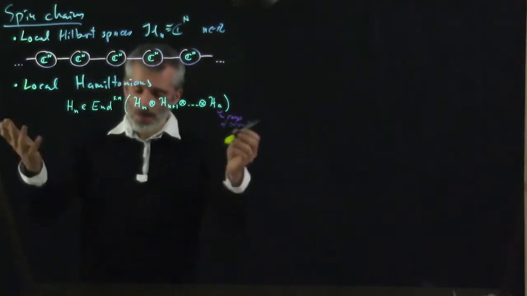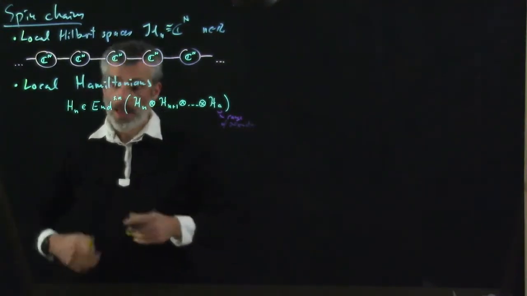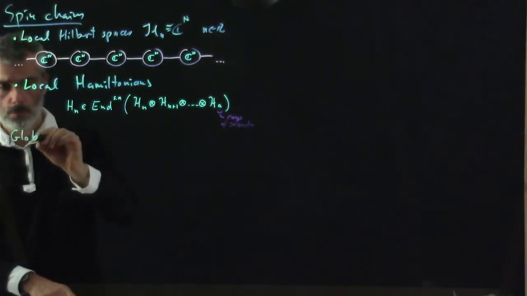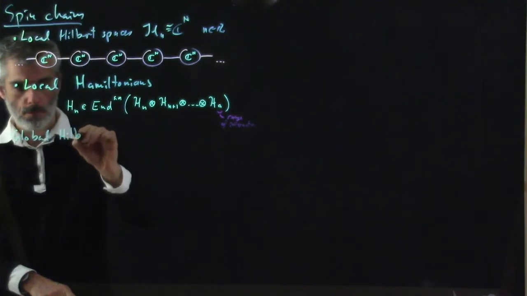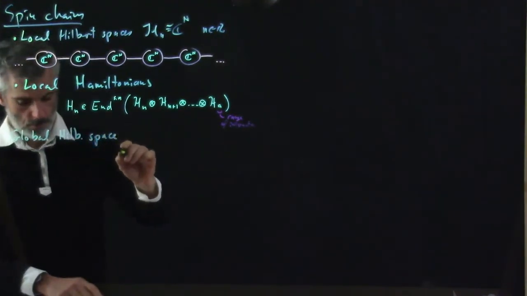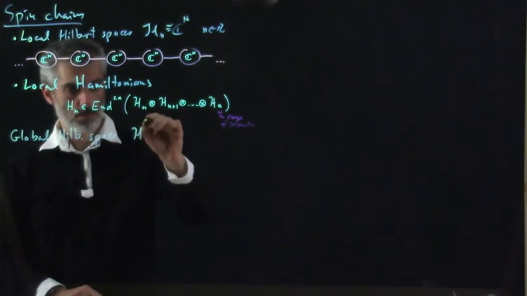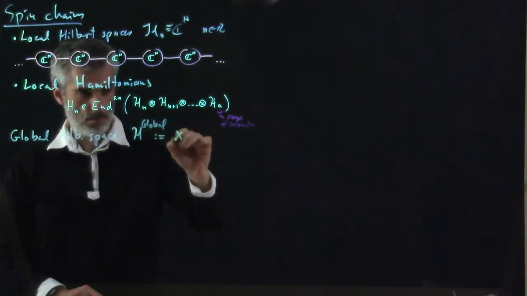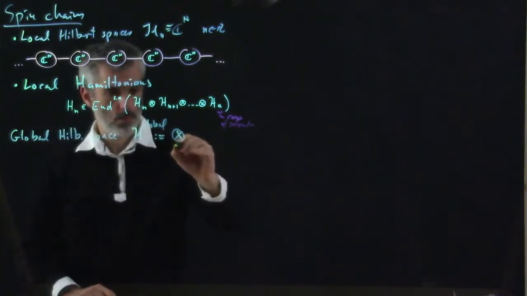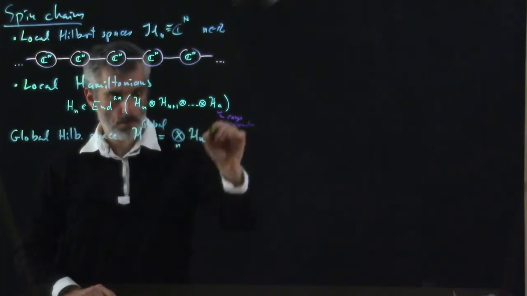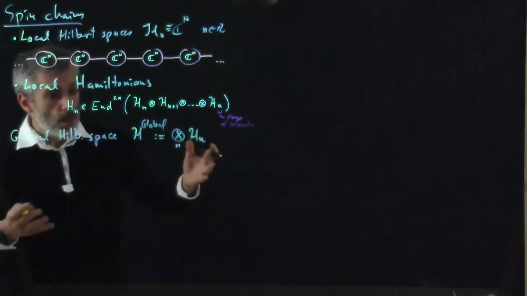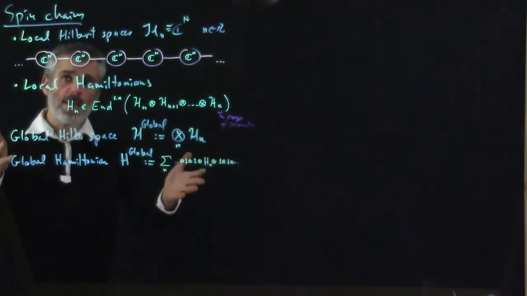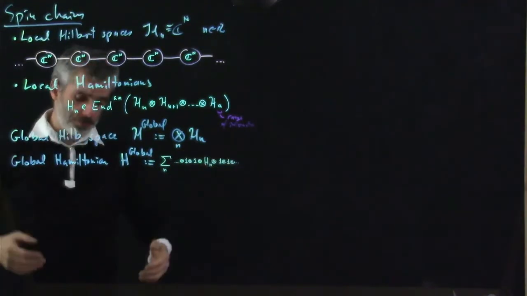And from that data, one can form a global Hilbert space. And the global Hamiltonian, and that's the data of a spin chain.